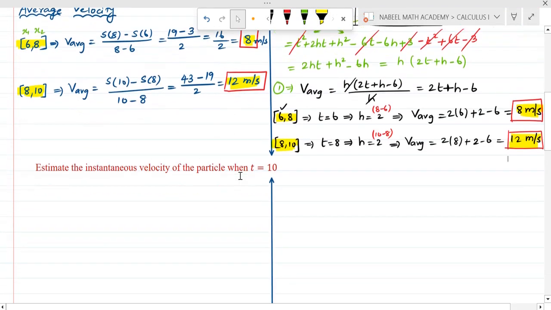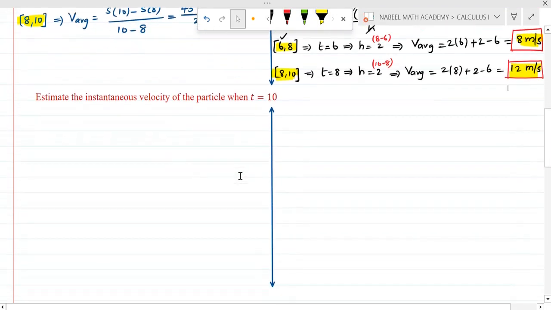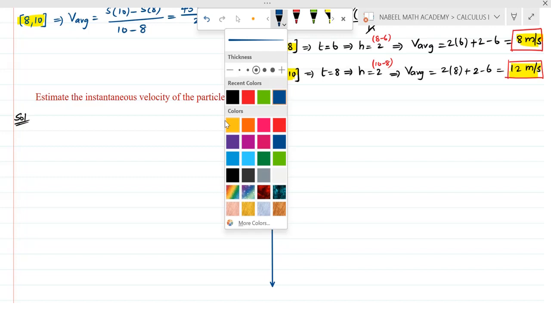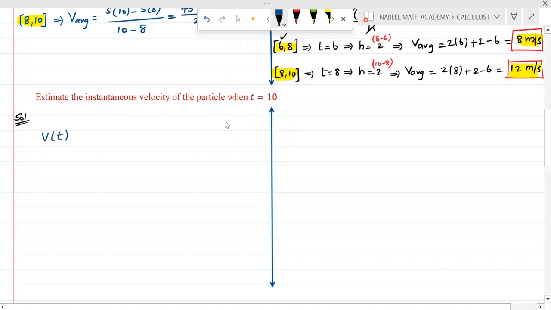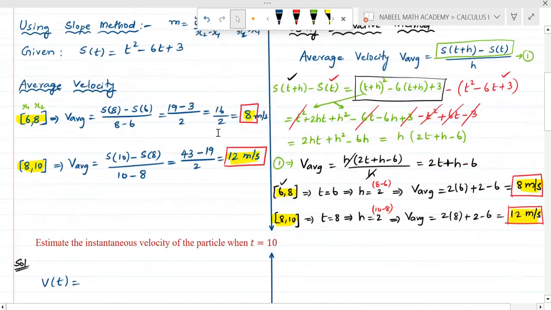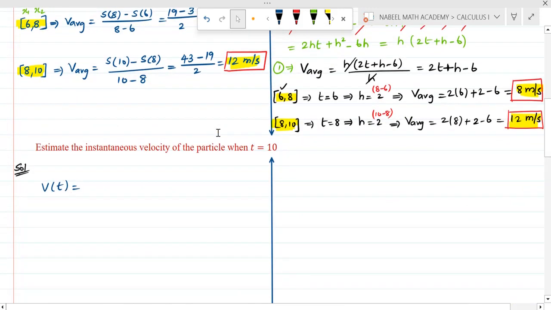Now let us go with the instant velocity of the particle. When we calculate the instant velocity v of t, I have to go with the slope of the tangent line. So this is the rule: the slope of the tangent line. You have to reach near to 10, so you will take any value near to the 10 value.